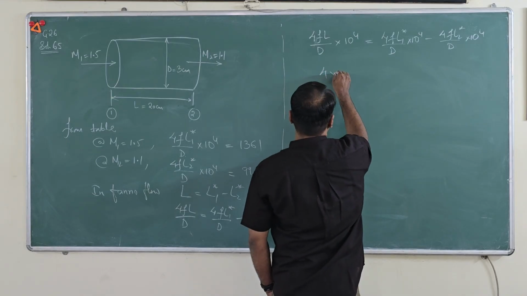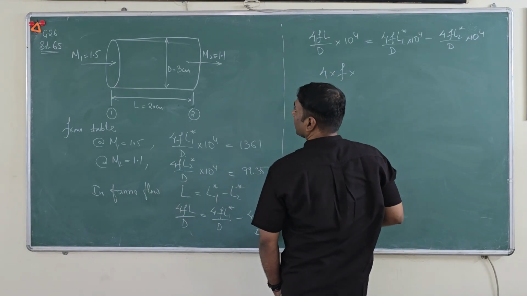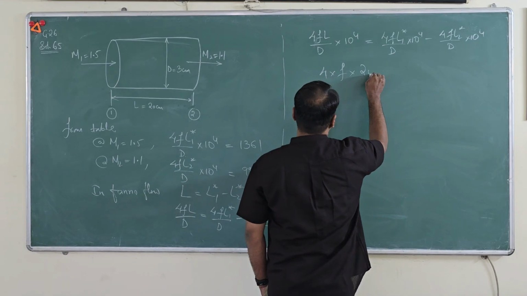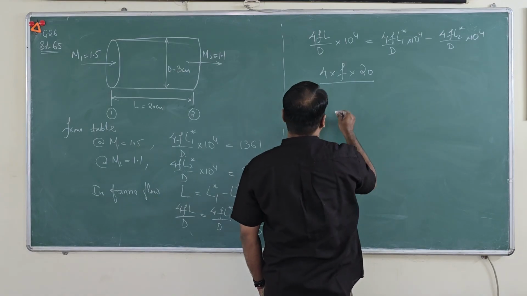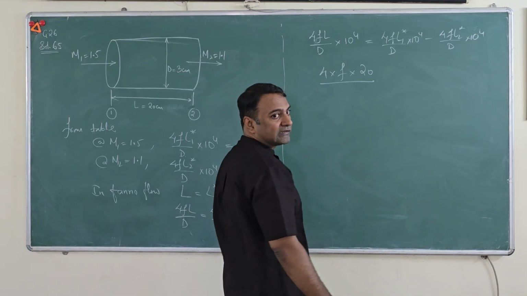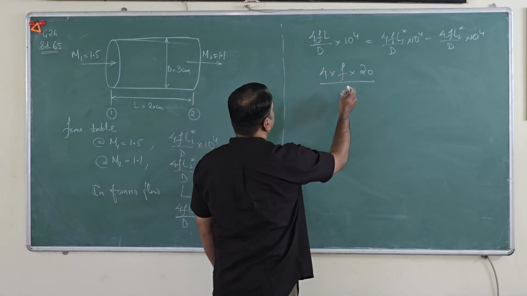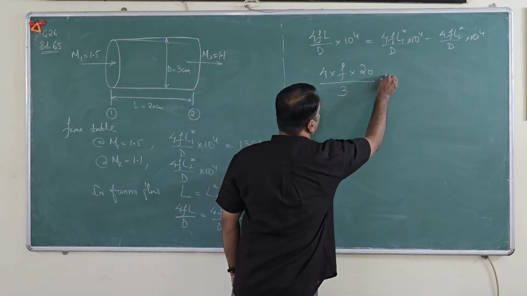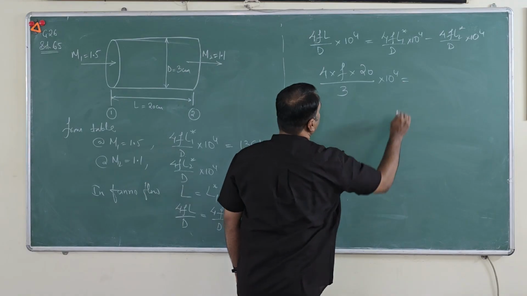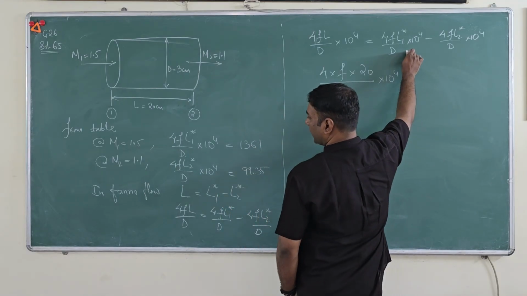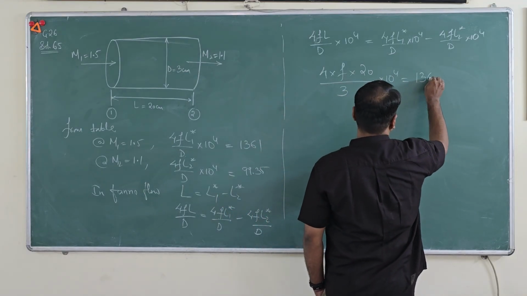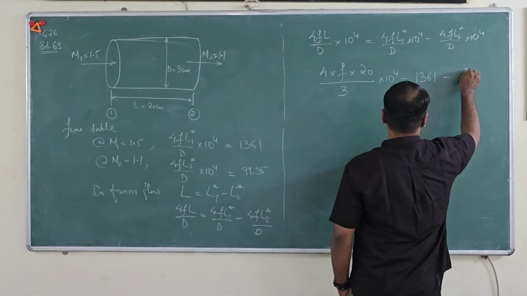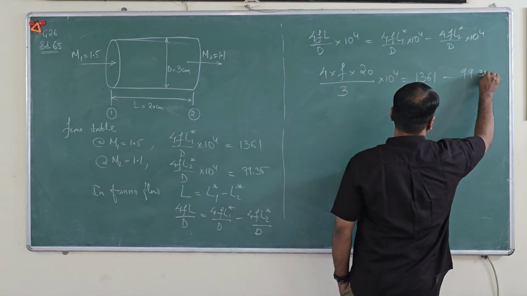So we need 4f. L is given to us, this 20 centimeters. I'm not converting into meters because we have the diameter also in centimeters, that is 3. So 4f times 20 by 3 times 10 power 4 will be equal to, this value we have as 1361 and this value we have as 99.35.